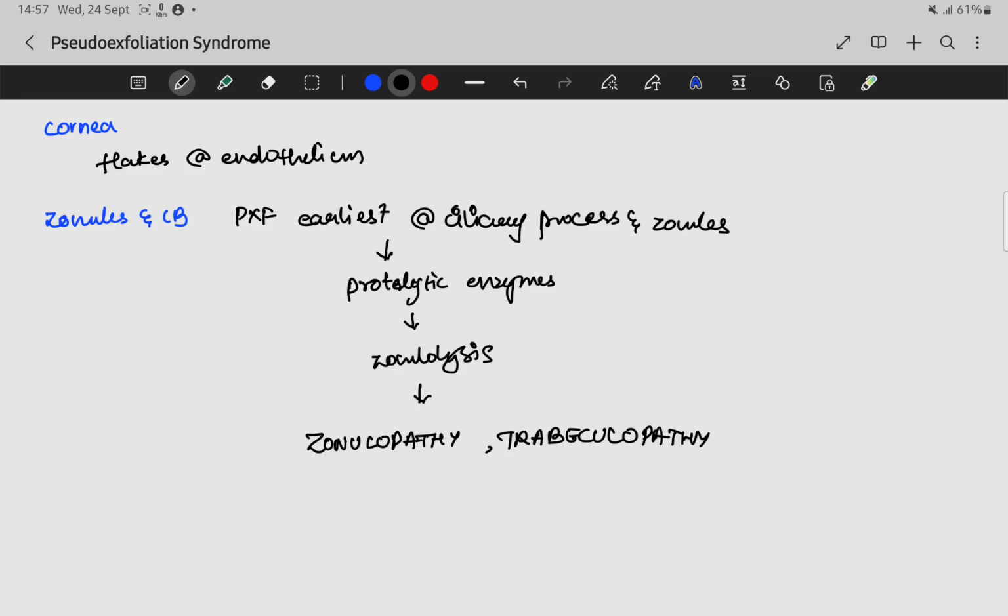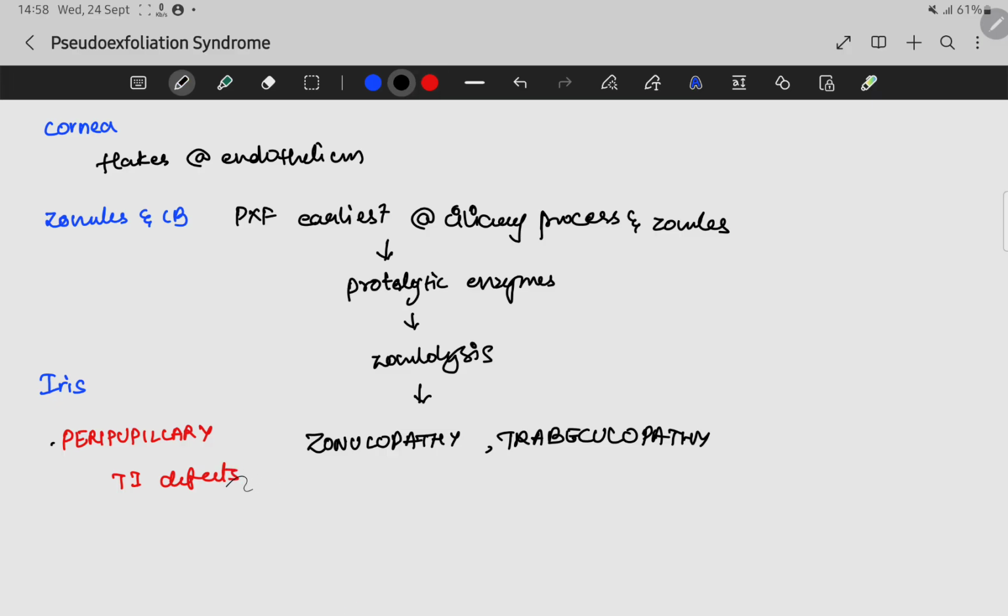And in the iris it will cause iridopathy, in this there are peripupillary transillumination defects.